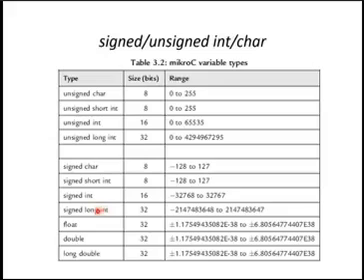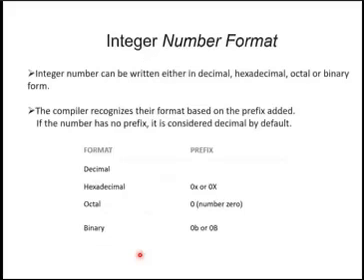And then if you refer, we also have decimal points. Sorry, we have fractions. The size of a fraction is 32 bit. So if you want to put a fraction value, let's say 3.142 and so on, you need to declare it as float.